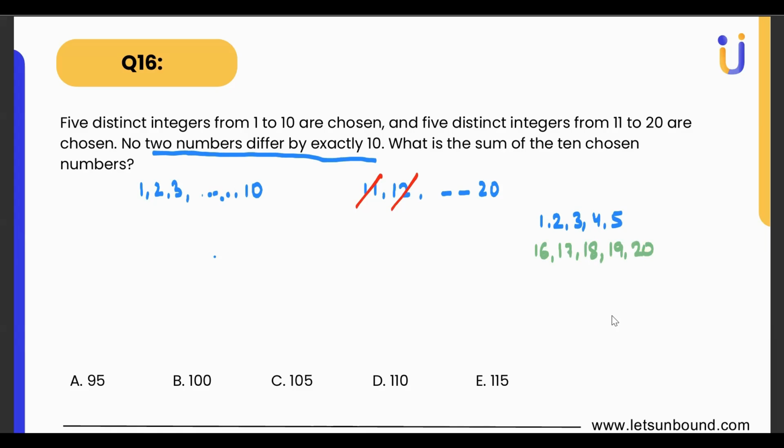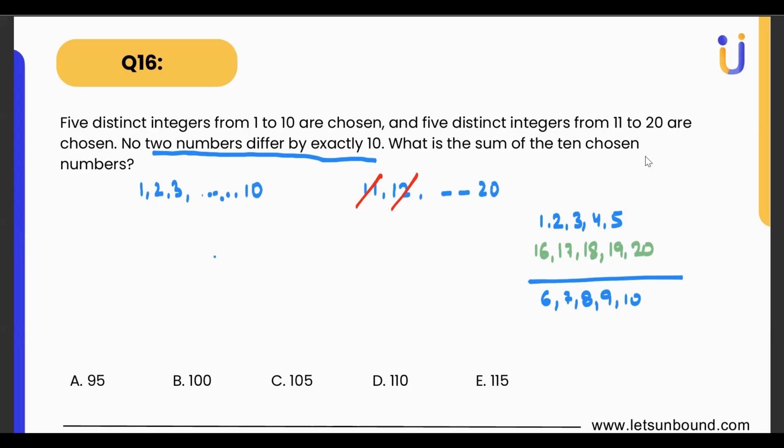In such a case, my criteria given in the question has been satisfied and hence I do not have to worry about how to solve it. Another possibility: what if 6, 7, 8, 9, and 10 were chosen from the first list? Then, because I have chosen 6, I cannot choose 16, 17, 18, 19.